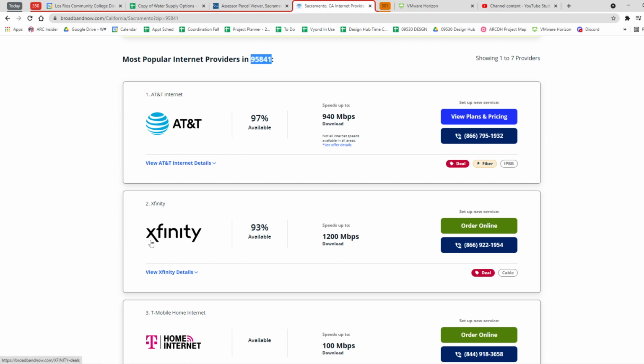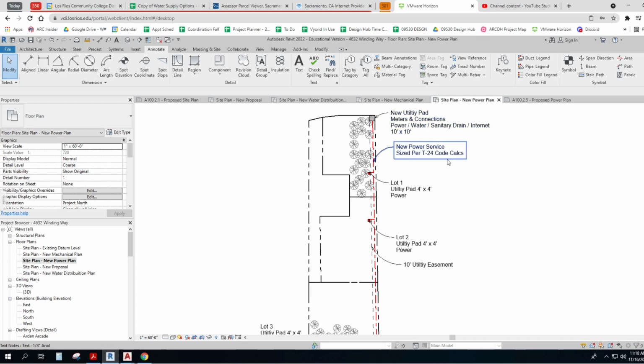You'd have to get with each one of these, and that would be part of the job of the architect to make sure that there was internet available and that you had the concept to get your data hookup also on that big pad up in the front. So that's what we've got there.